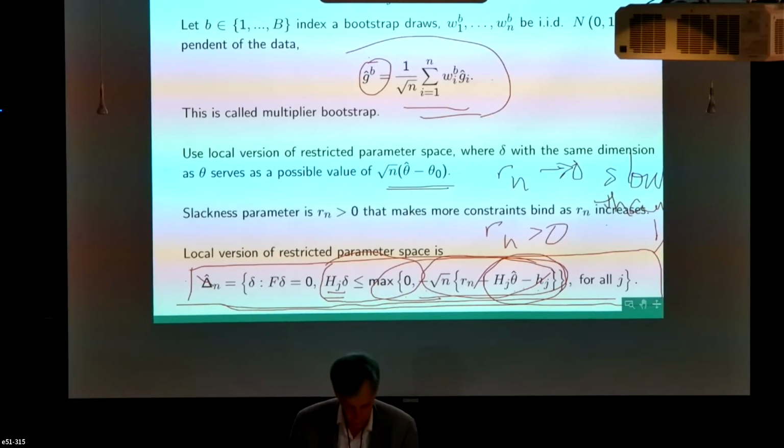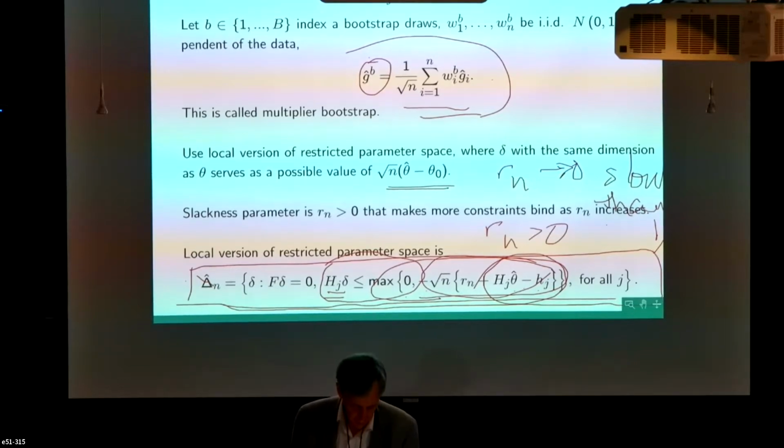It's mean 0 because the sample mean of these is 0, and actually it would be mean 0 anyway. So we're imposing the sample mean 0 to make it work. And then we take this, 1 over root n times the sum of the standard normals times the G_i hats, and that's called the multiplier bootstrap.